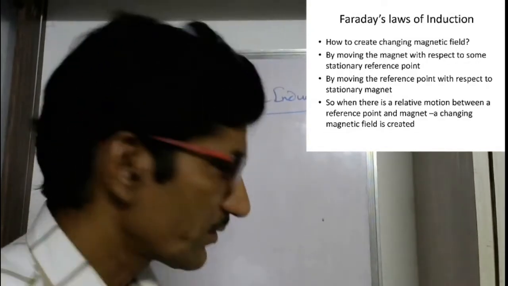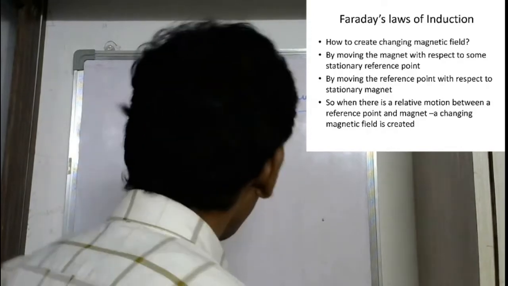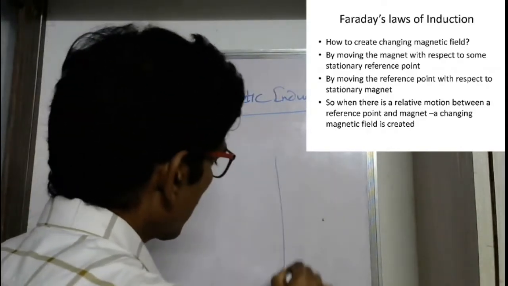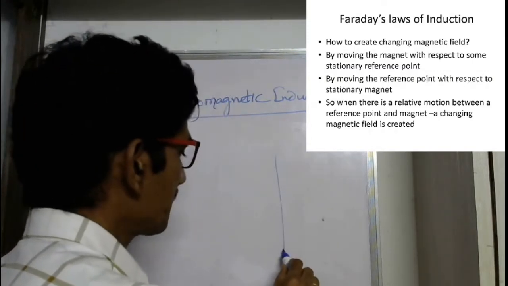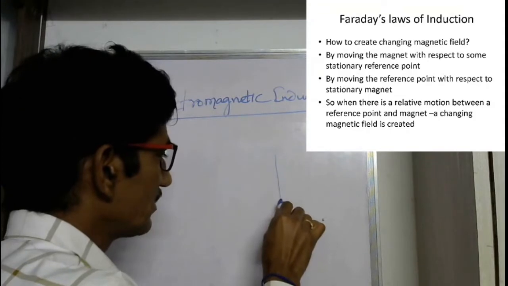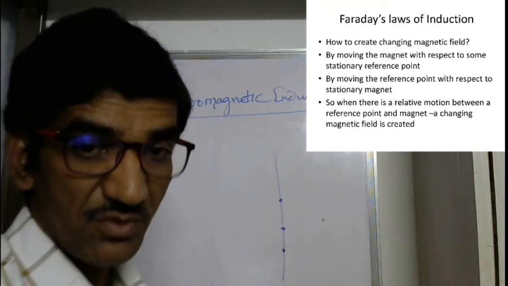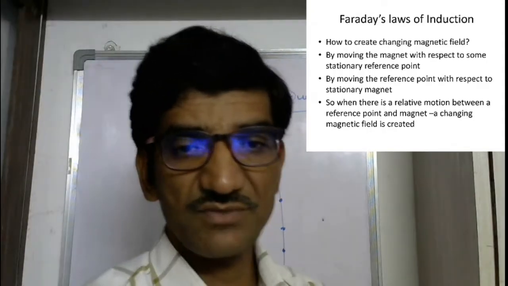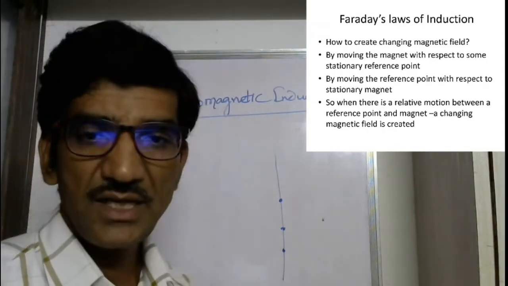One thing we have to note: in Oersted's experiments, you are taking a current carrying conductor in which the charge is moving. Whenever the charge is in motion, each and every charge will experience a magnetic force.